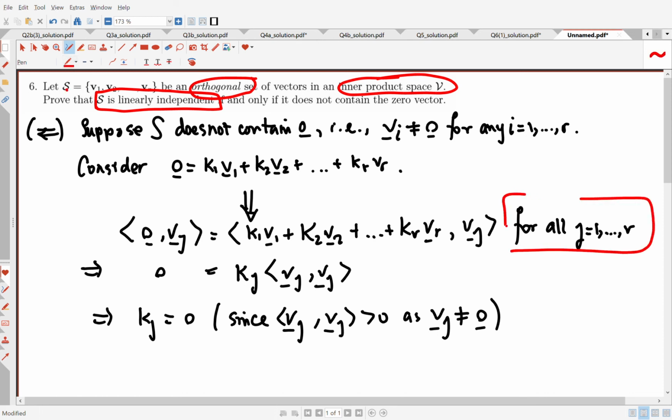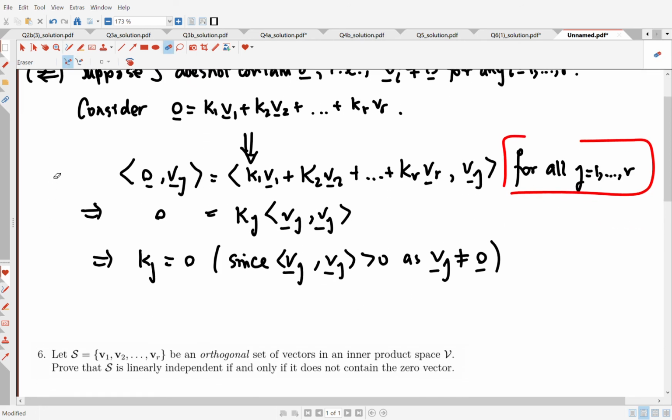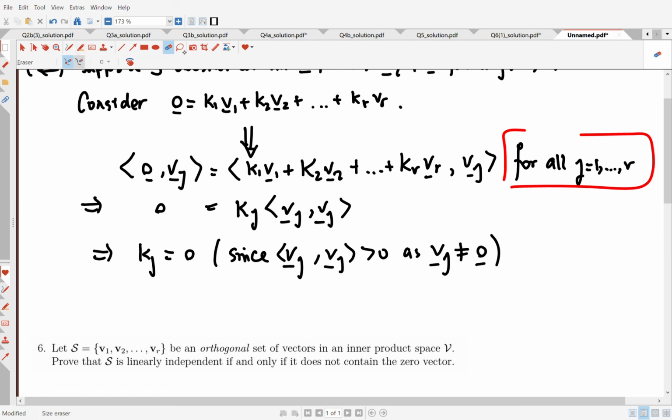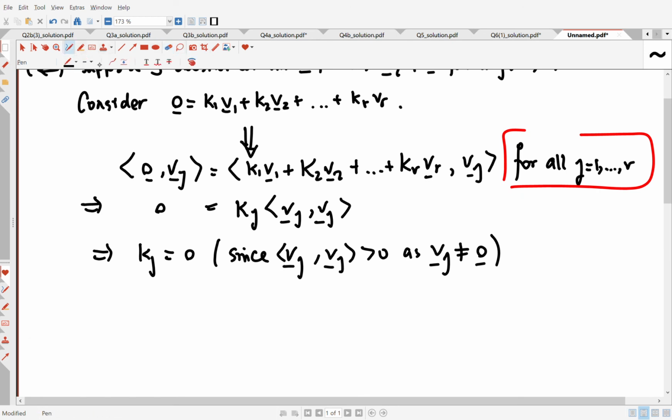So this means k1 equals k2 equals and so on until kr equals 0.